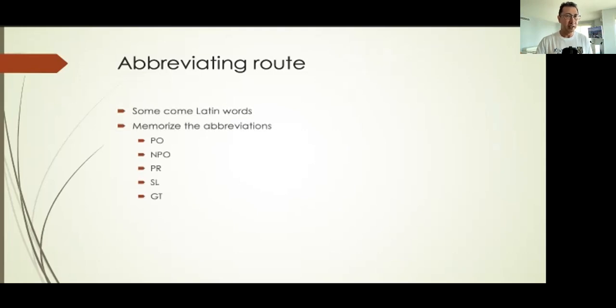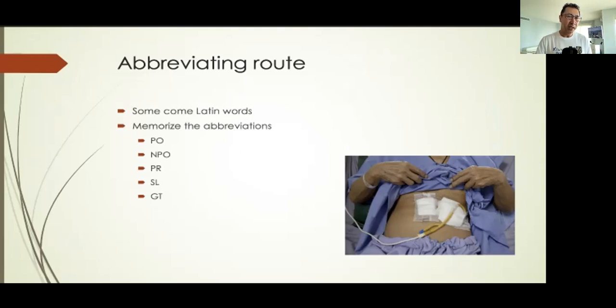G-tube, GT, via G-tube. This is another one that you will be administering when you get to the hospital. Some patients have a tube coming out from their stomach, and this is how they eat. This is how they get medicines. This is how they get nutrition. For whatever reason that will be explained to you in Med-Surg 1, they had abdominal surgery, they had a stroke, they can't swallow.